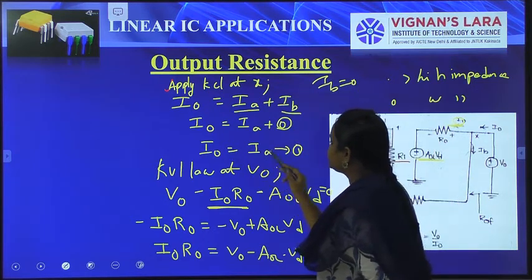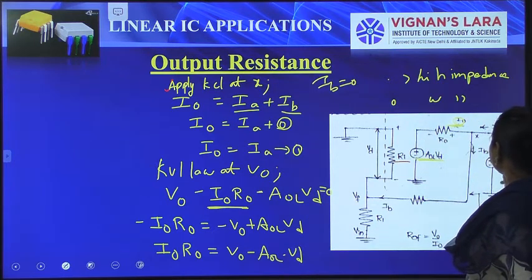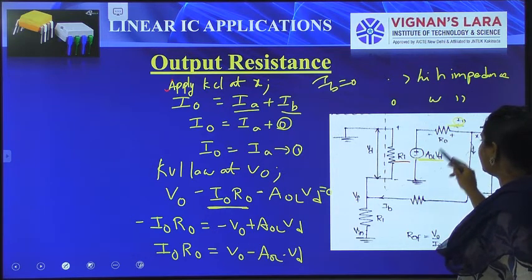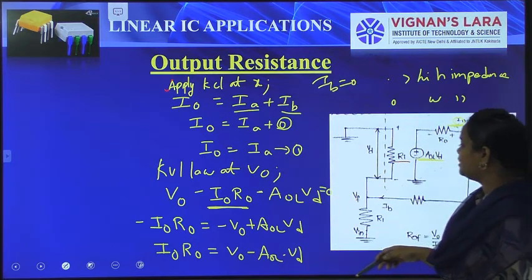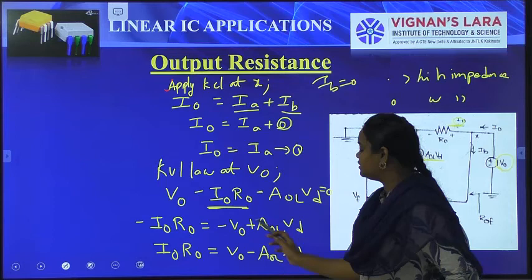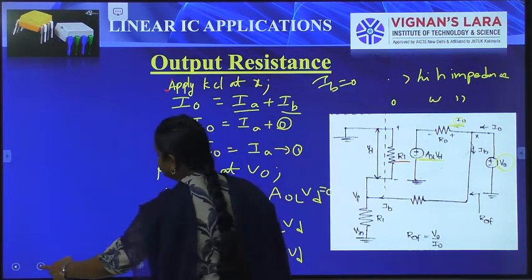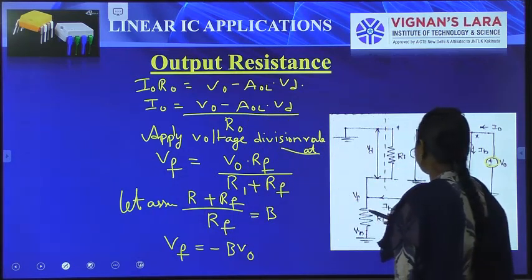So I naught is equal to IA, and applying KCL at V naught, we get V naught is equal to minus I naught R naught minus AOL VD. Coming to the right side, we get equations like this, and we can apply the voltage division rule at VF.